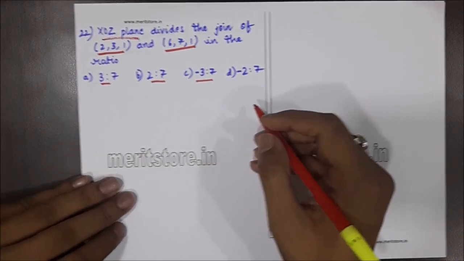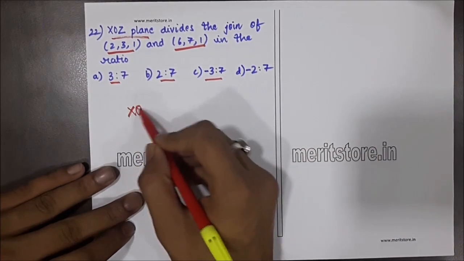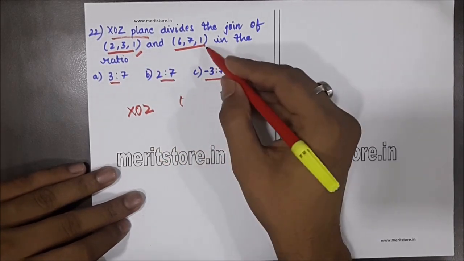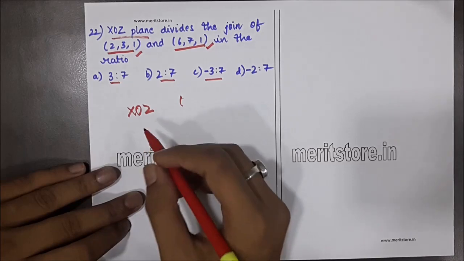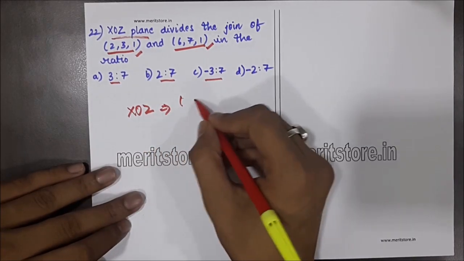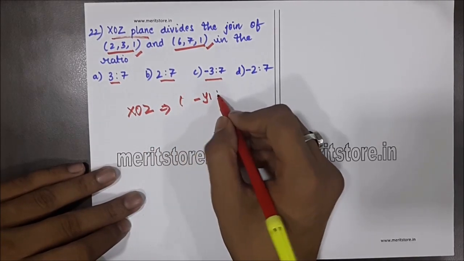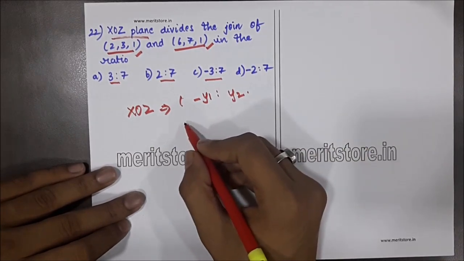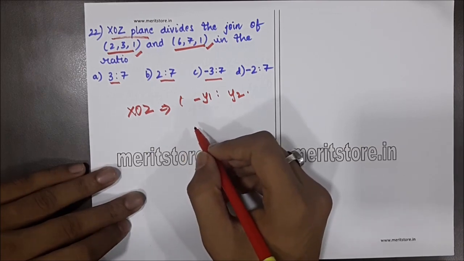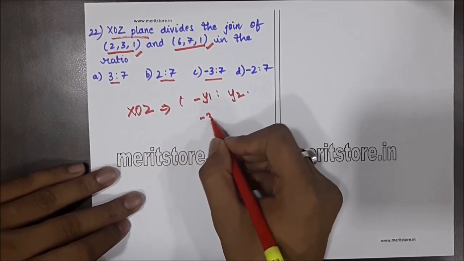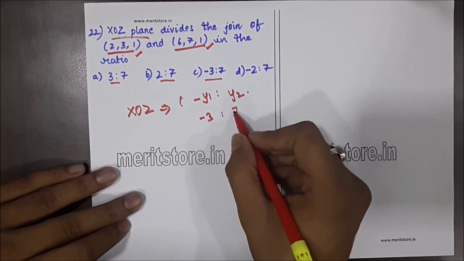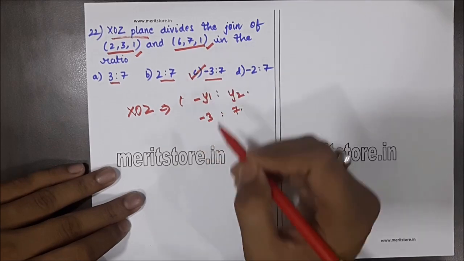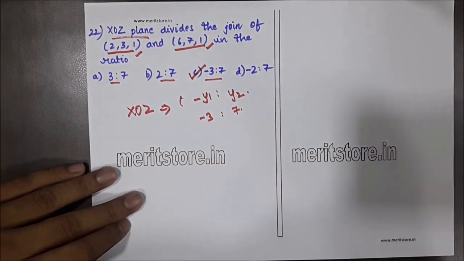So we know that the XOZ plane divides the join of (2, 3, 1) and (-6, 7, 1) in the ratio of -y1 is to y2. So we know that the values of -1, 1 and y2 give -3 is to 7. So the correct answer is option C, -3 is to 7.